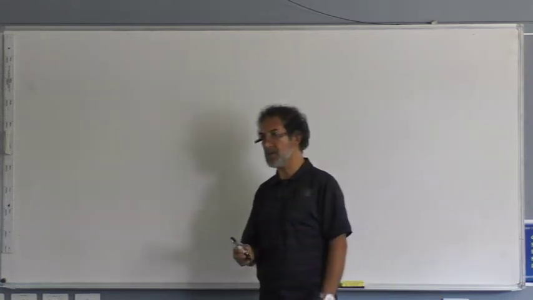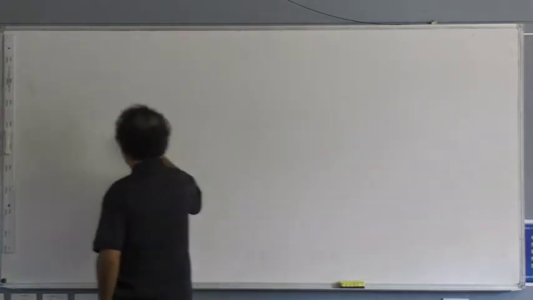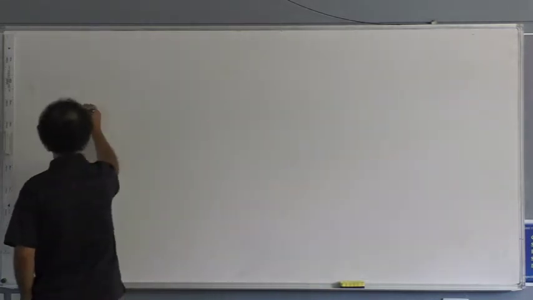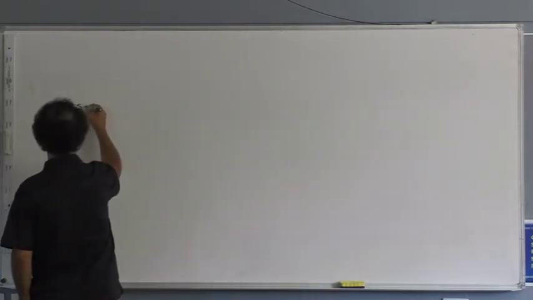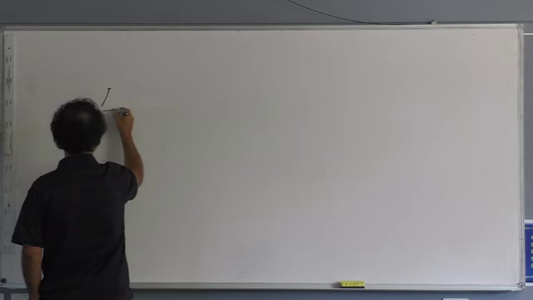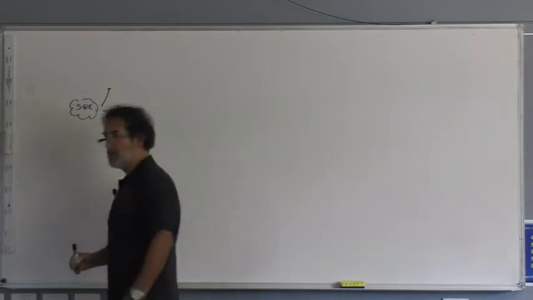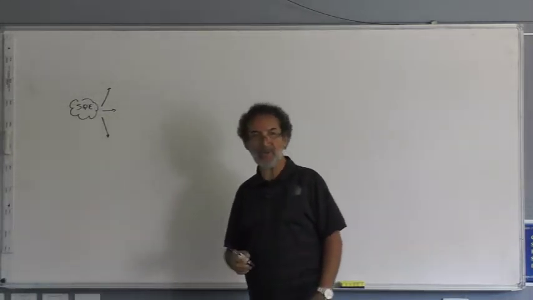Okay, so we're going to continue with solving quadratic equations, okay? And I said to you yesterday that when you solve quadratic equations, we can do this in 3 different ways.